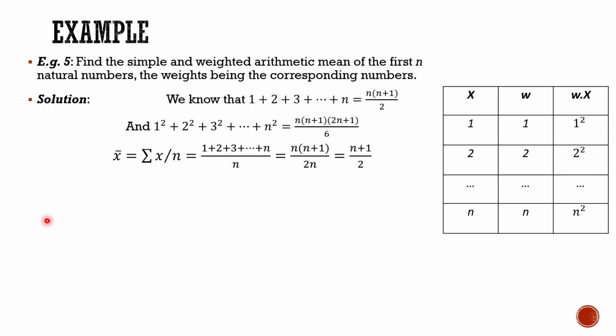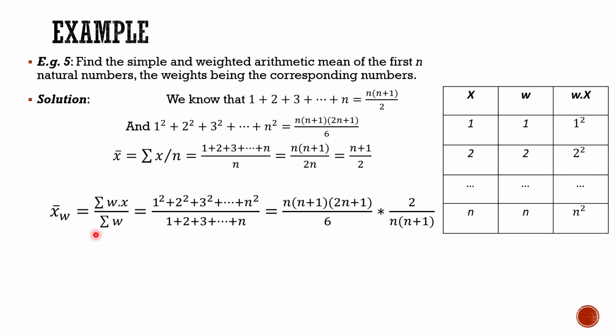Now if we want to calculate the weighted mean, then we'll have to give proper weightage to all the xi's, and for that we'll calculate the summation of wi xi and divide it by the summation of wi's. So wi xi is actually this series, and if we add up the squares of the first n natural numbers, we get n into n plus 1 into 2n plus 1 divided by 6, into the reciprocal. Why are we multiplying it?